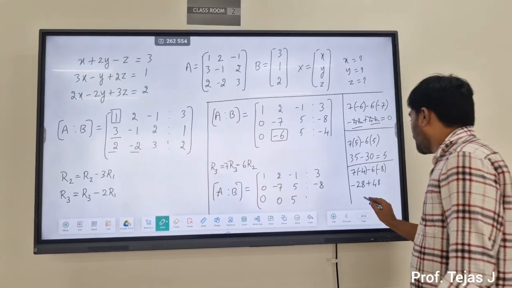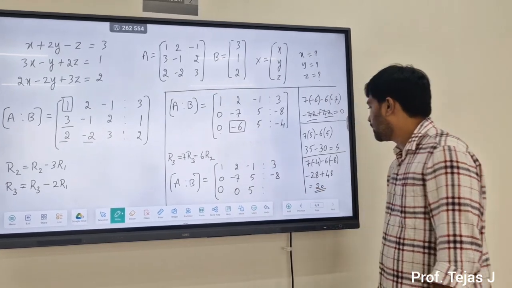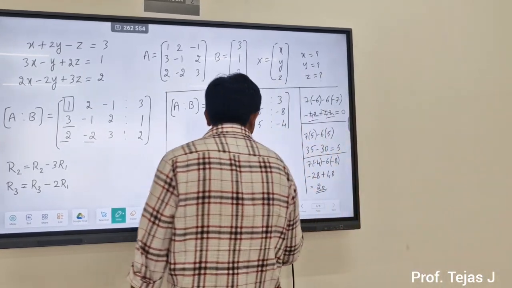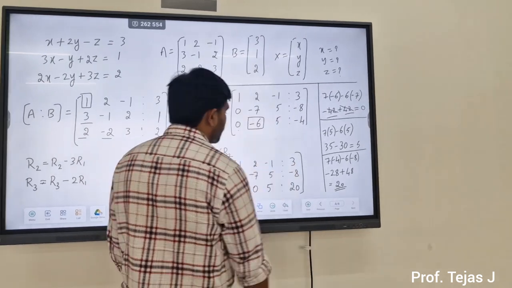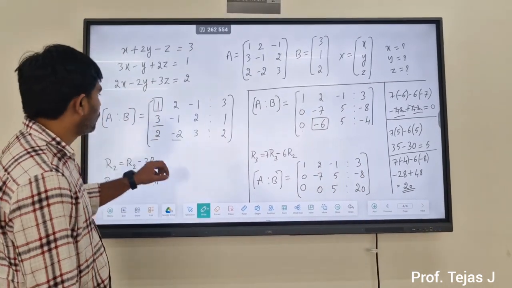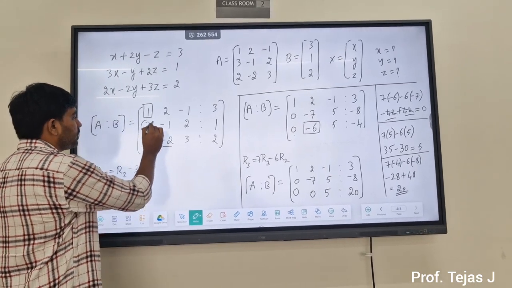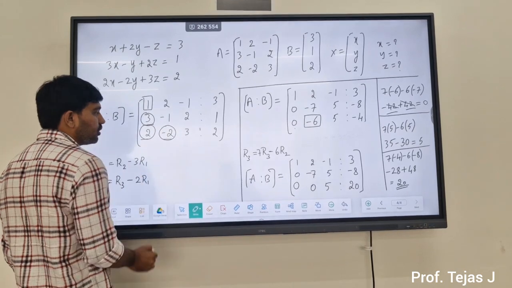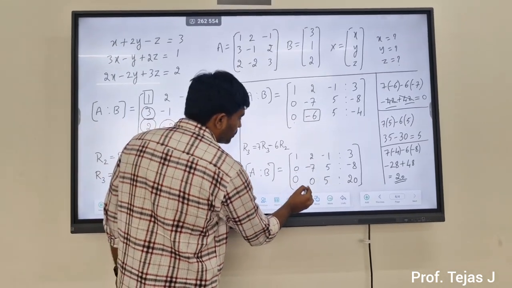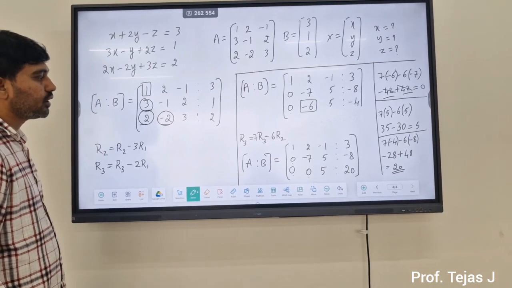Now, when you subtract it, the value will be plus 20. So we write the value here, it's going to be plus 20. So now, what we have made already, we have made minus 3, plus 3, plus 2 and minus 2 to 0.